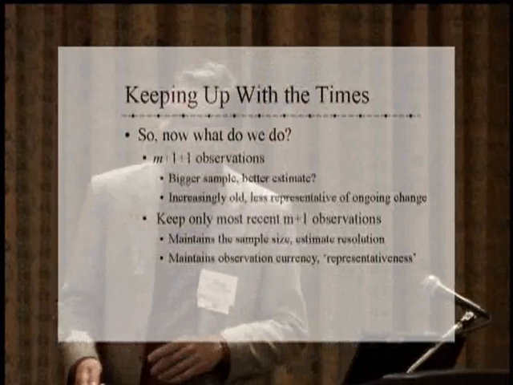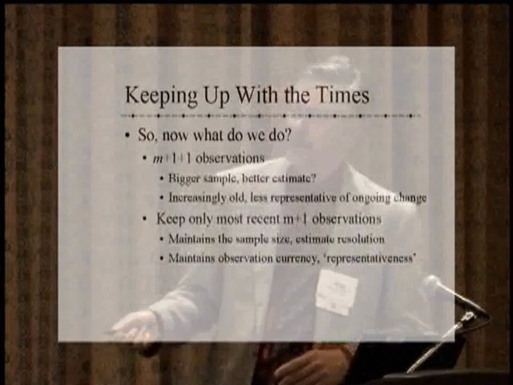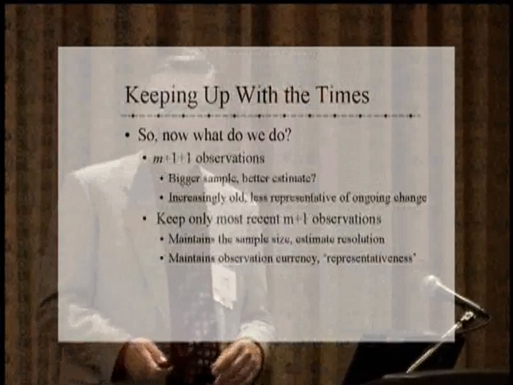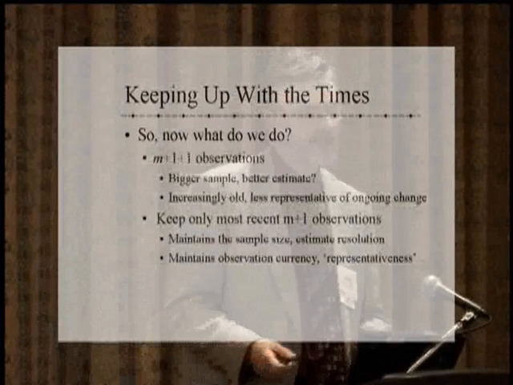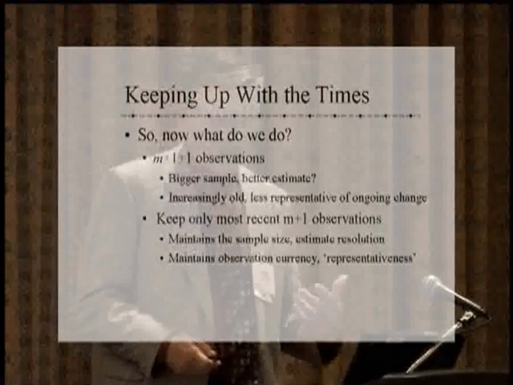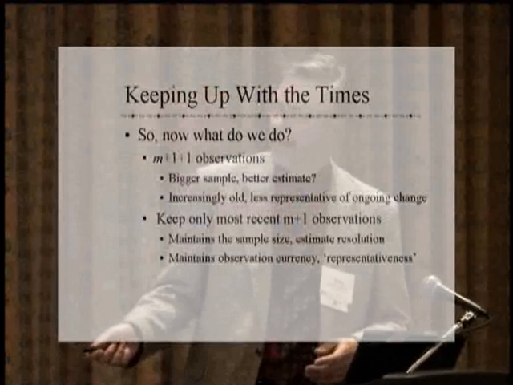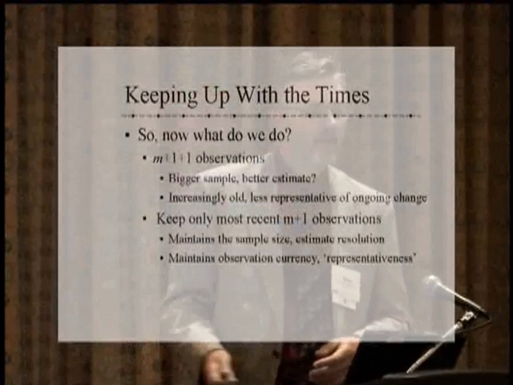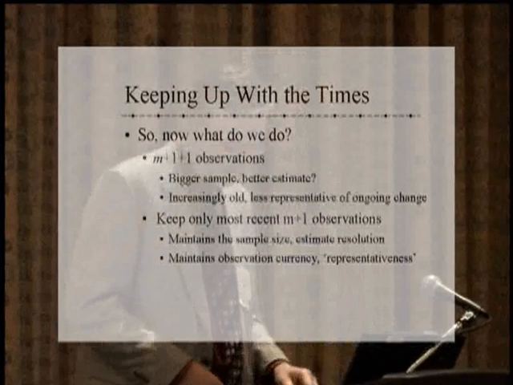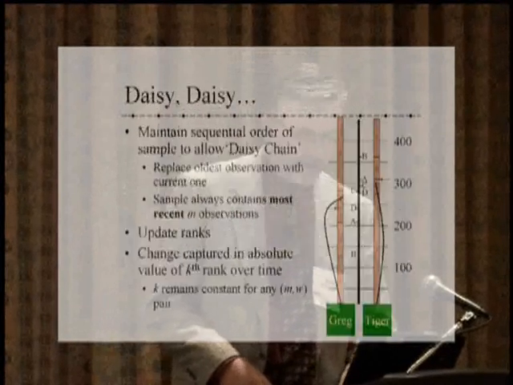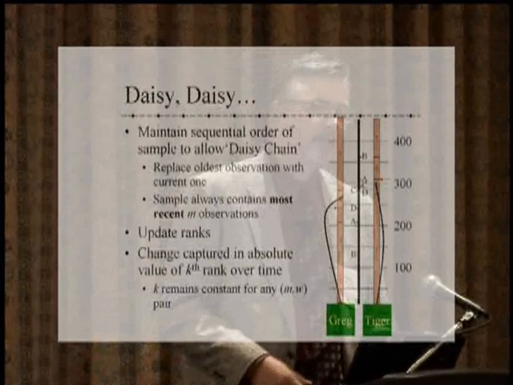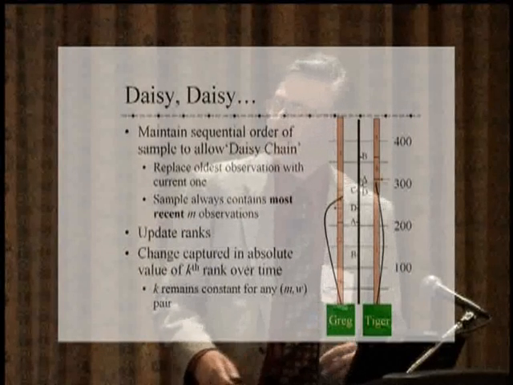So the other possibility is to keep only the most recent n plus 1 observations. If you do that, you maintain the sample size and the ability to estimate particular resolution, but you also maintain the observational currency, or the representativeness, of the sample. And so that's in fact what we do in percentile schedules.